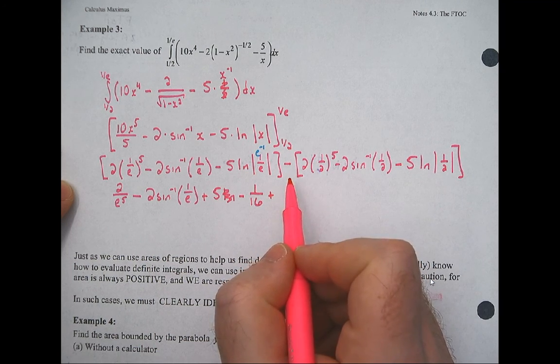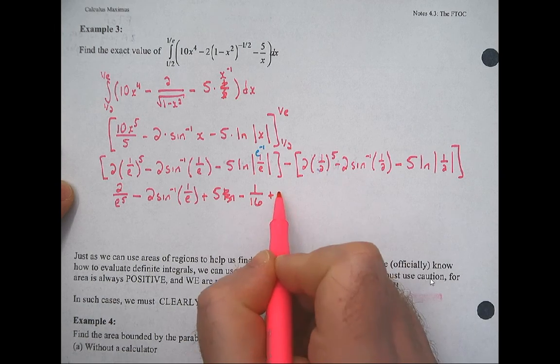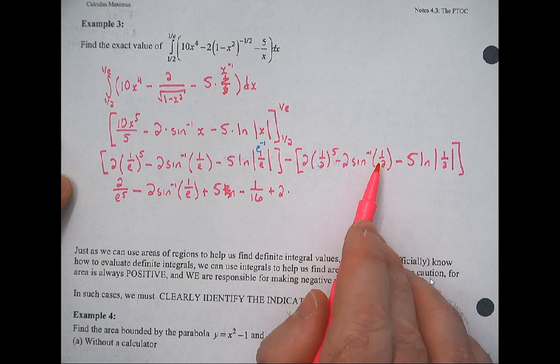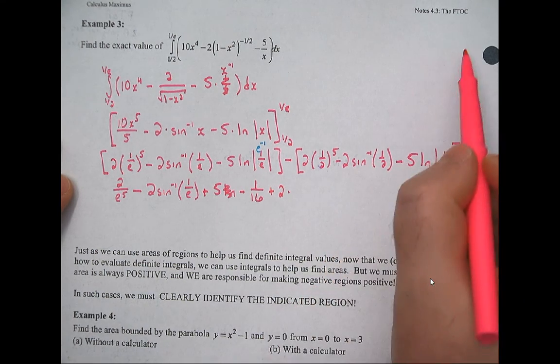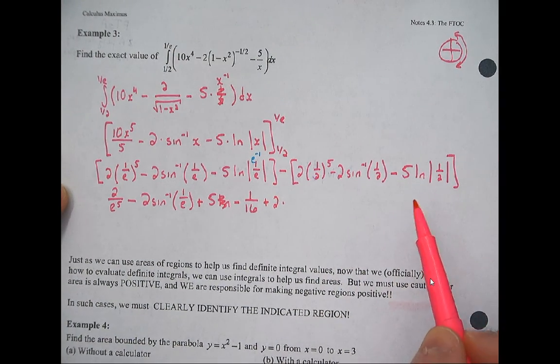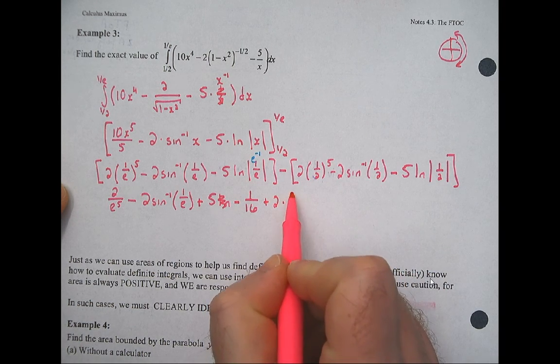So I've got this plus. Oh, wait, no, we can do this. 2 times sine inverse of 1/2. That means find the angle whose sine value is 1/2. So sine inverse, remember, lives in those two quadrants. So sine inverse of 1/2, that's pi over 6. So this would become 2 times pi over 6.